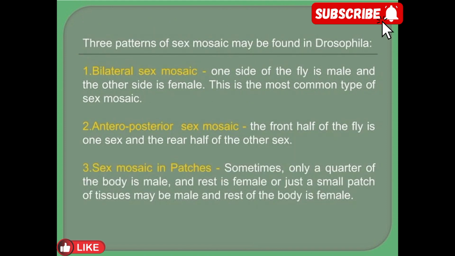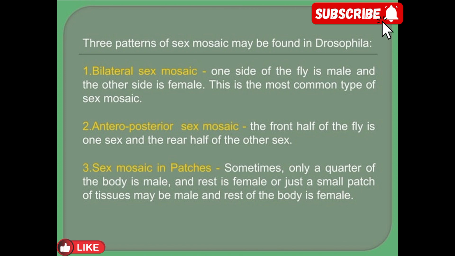Three patterns of sex mosaics may be found in Drosophila. Bilateral sex mosaic: one side of the fly is male and the other side is female. This is the most common type of sex mosaic. Antero-posterior sex mosaic: the front half of the fly is one sex and the rear, or posterior part of the body, is of the other sex.